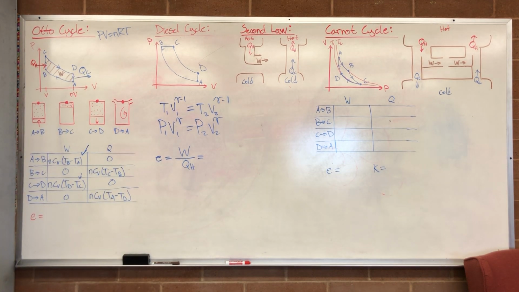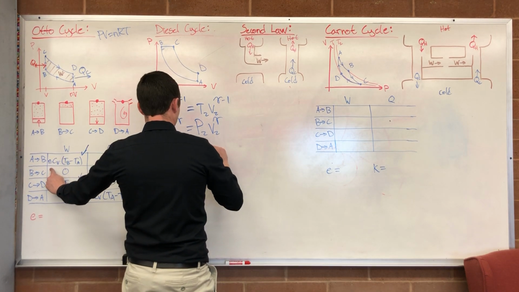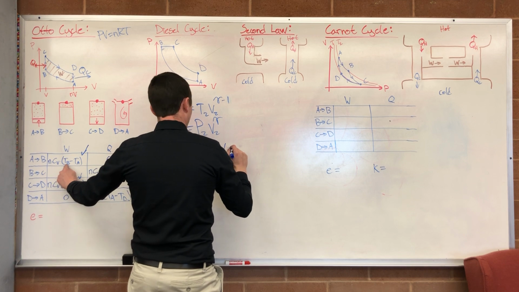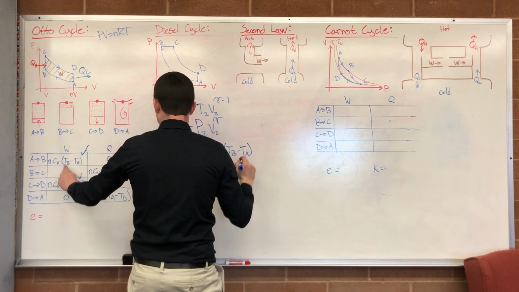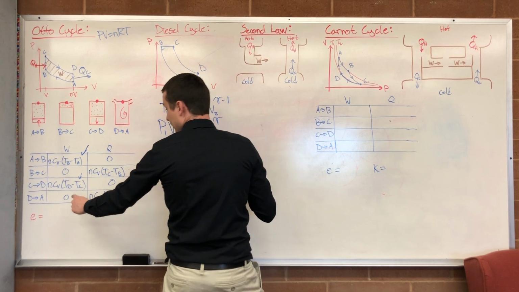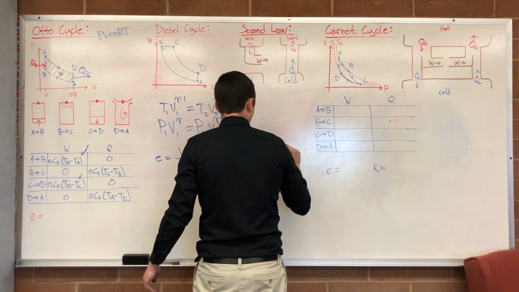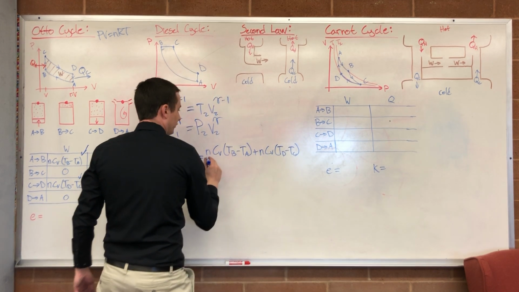Now our work is equal to NCV times the temperature at B minus the temperature at A plus NCV times the temperature at D minus the temperature at C, all over Q sub H.